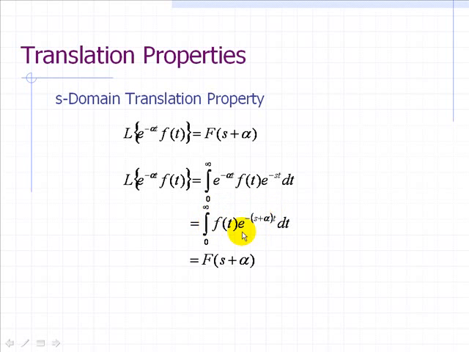I use Fourier and Laplace transform interchangeably, because the Fourier is a special case of the Laplace transform. Anyway, whenever you multiply by e to the minus alpha t, it translates the transform from F of s to F of s plus alpha.